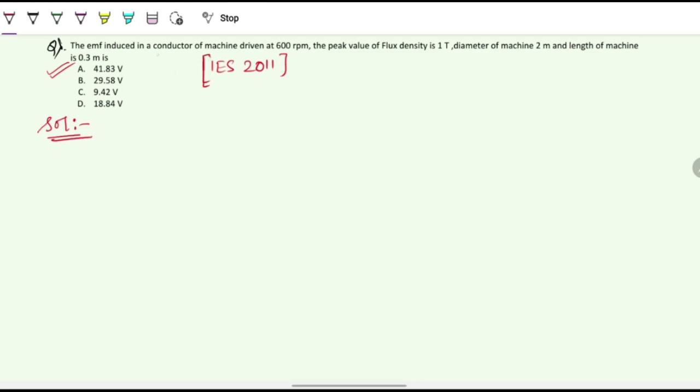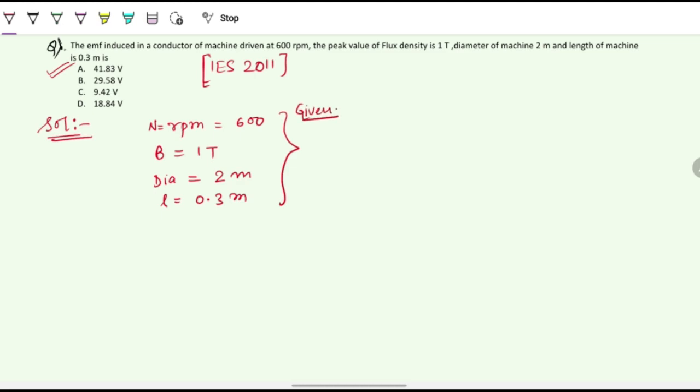So here in the question, the RPM or the speed of the rotor N is given as 600, the flux density is given as 1 Tesla, the diameter of the machine is 2 meter, and the length of the machine is 0.3 meter. These are the given data.